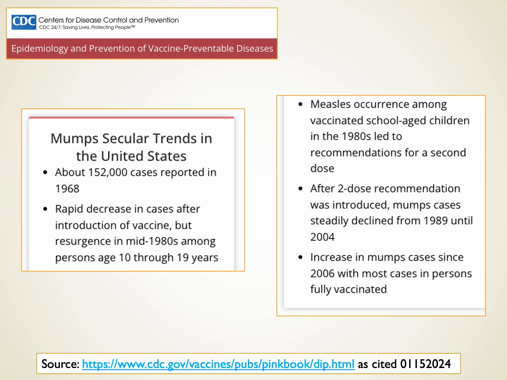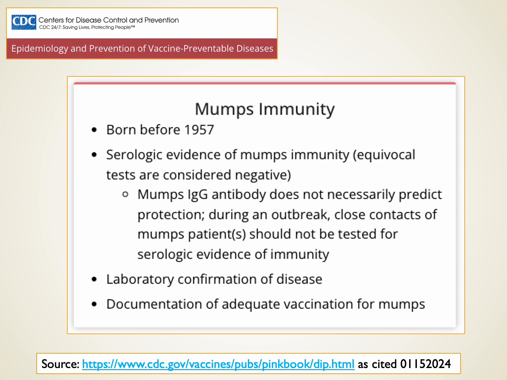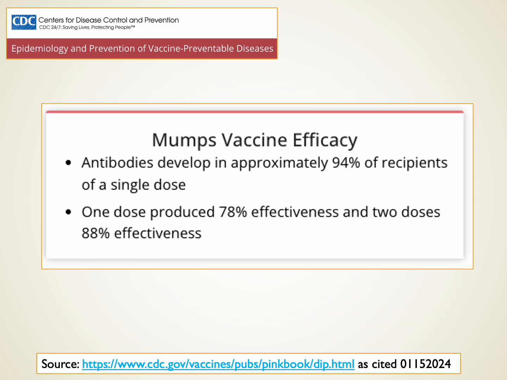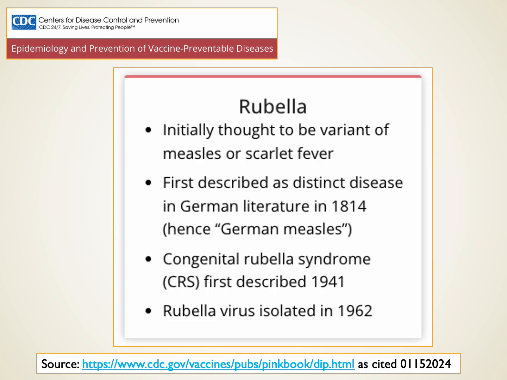It got much better, and it has gone quite a bit down, but it is still occasionally reported as well. Immunity before 1957 for mumps, like with measles, was almost universal because everybody would go play with Billy. The vaccine is highly effective at about 94%.